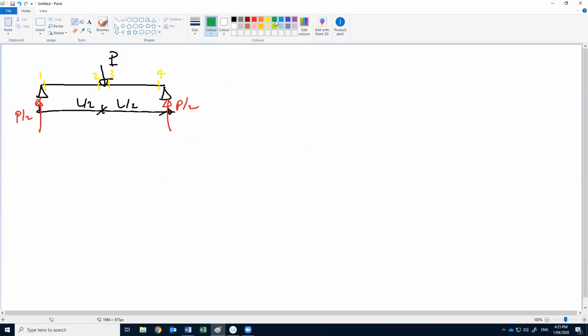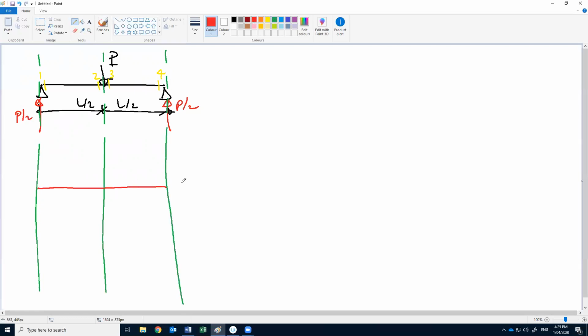This is our datum, and these are our guidelines. If we want to draw the shear force diagram for this beam from the right, what causes shear here for section 4? B divided by 2.